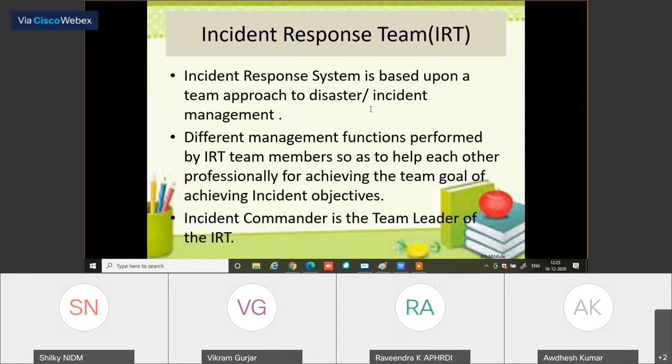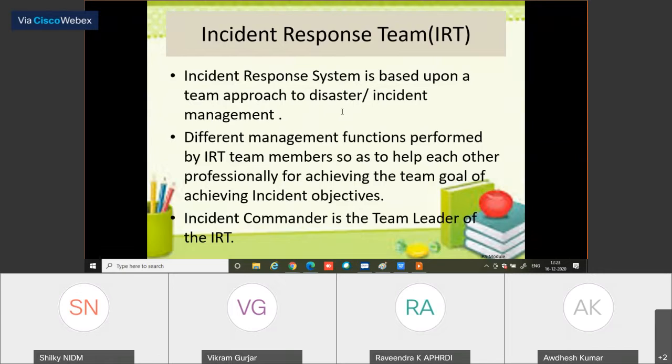We have imparted training to a large number of resource holders and trainers. We have trained the master trainers, and we are still continuing with our endeavors.